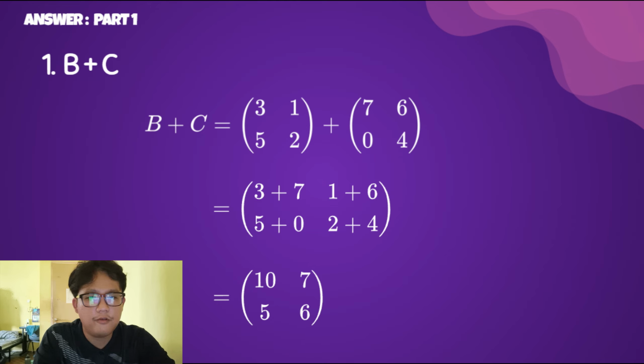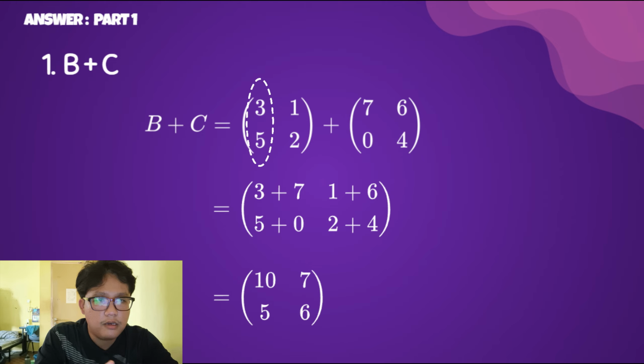In this part, we also see the B plus C. To find B plus C, we follow the question, so in the B bracket we see in column 1, 3 with 5. In column 2 we have 1 and 2, and then we plus with the C bracket, which means in column 1, 7 with 0, in column 2, 6 and 4. After that we just add, like bracket 1 plus bracket 2.